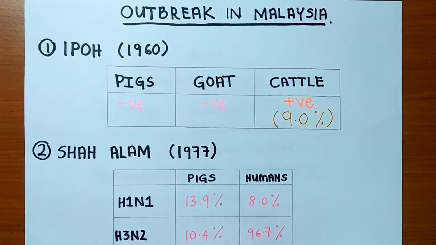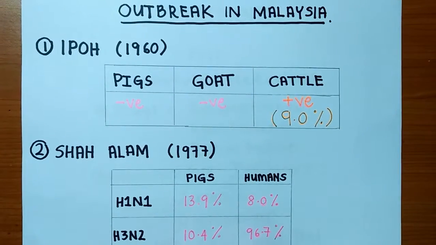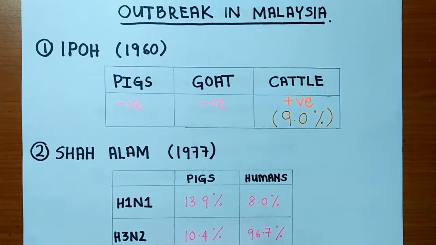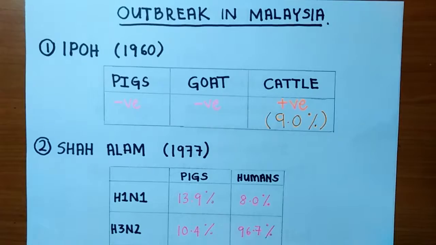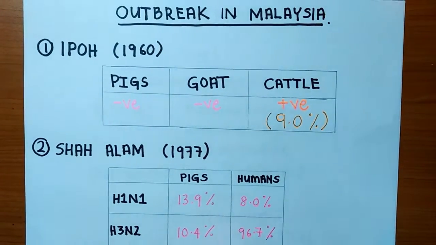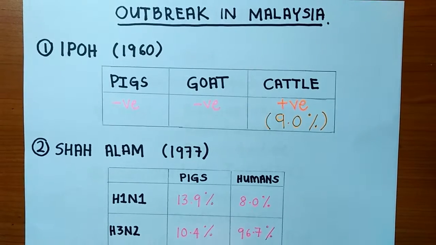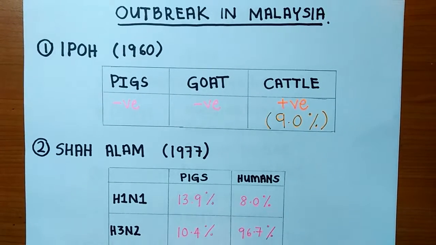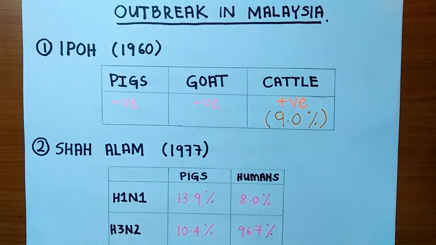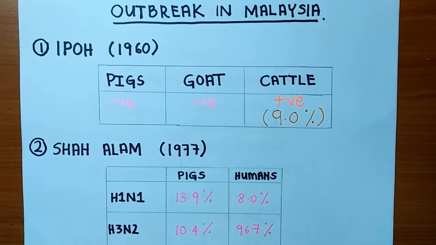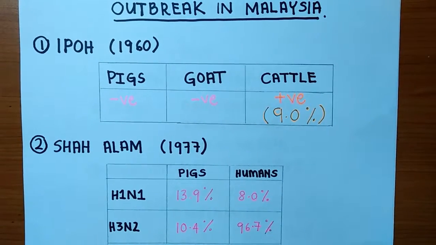In the outbreak in Malaysia at Ipoh in 1960, an investigation was done on three types of animals: pig, goat, and cattle. Pig and goat showed a negative infection while the cattle were reported with 9% infection. At Shah Alam in 1977, further investigation was carried out on pig and human sera.